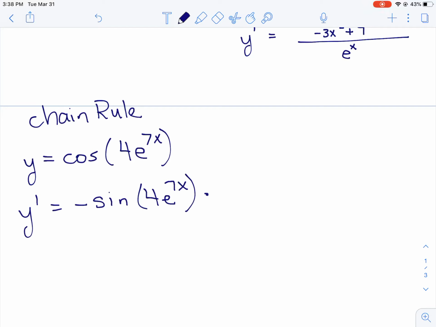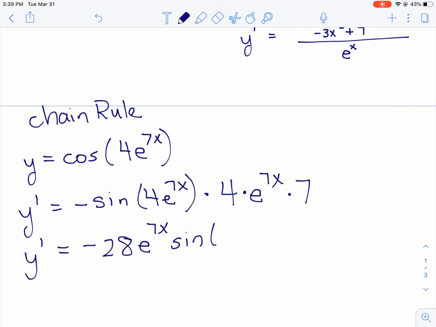So the derivative of the inside is 4 times e to the 7x times the derivative of 7x, which is just 7. So this simplifies to negative 28 e to the 7x times the sine of 4 e to the 7x. Well, that was harder than I thought it was going to be.